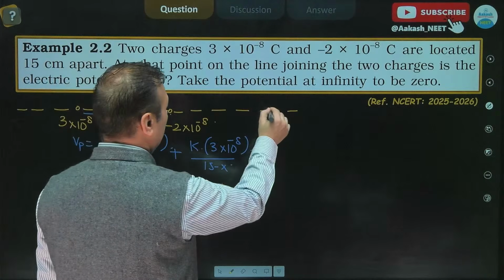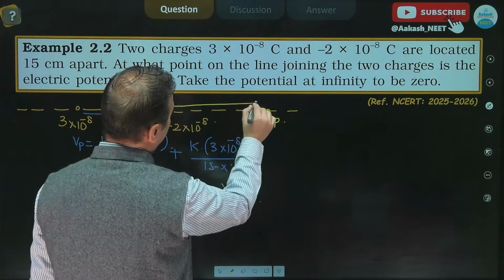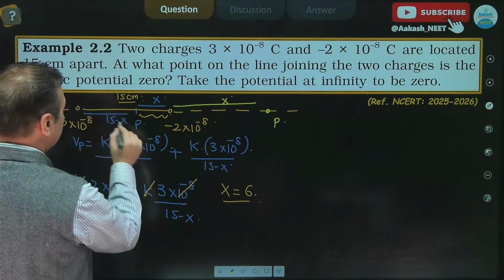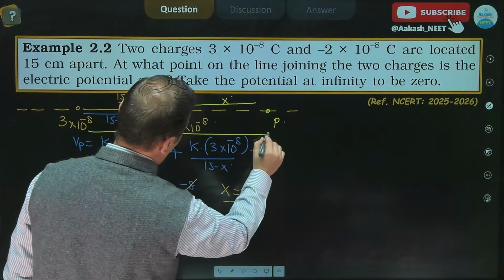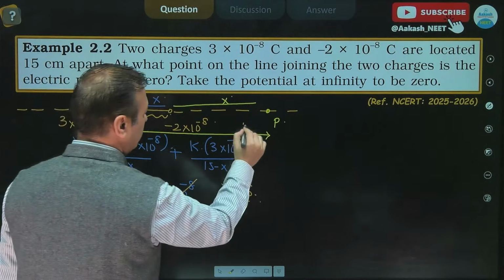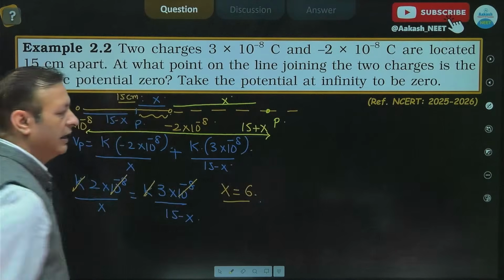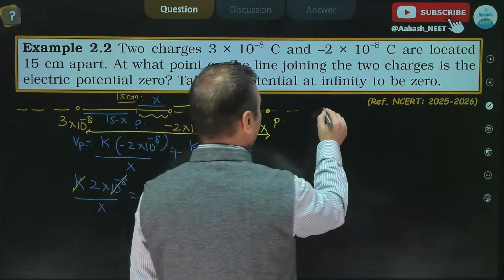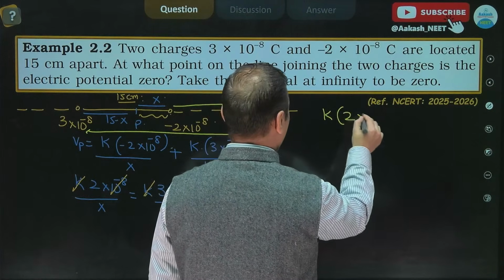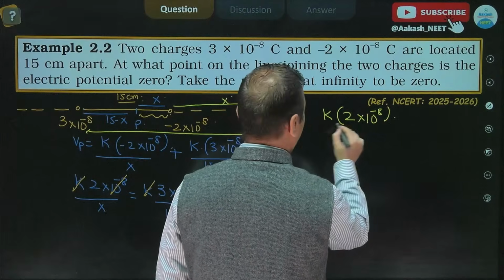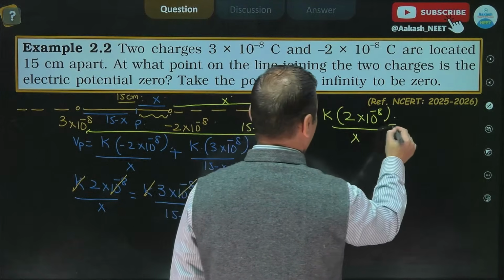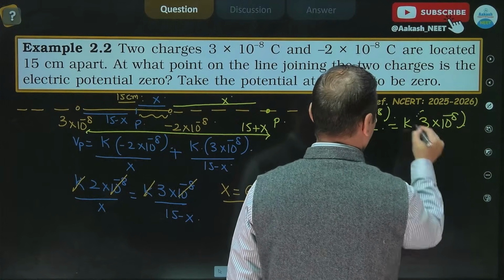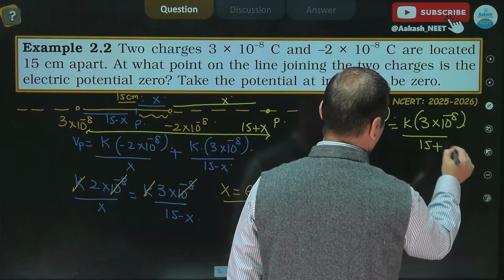So let this point again be P, which is at a distance x from one charge, and the distance from the other would be 15 plus x, and going in the same fashion, K Q by x is equal to K times 3 into 10 to the power minus 8 by 15 plus x.